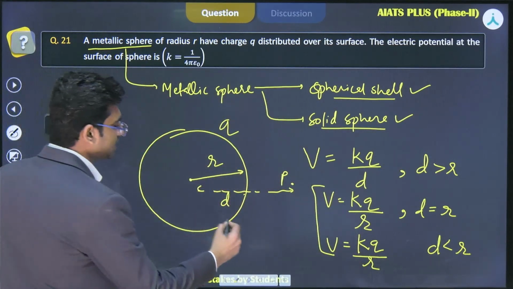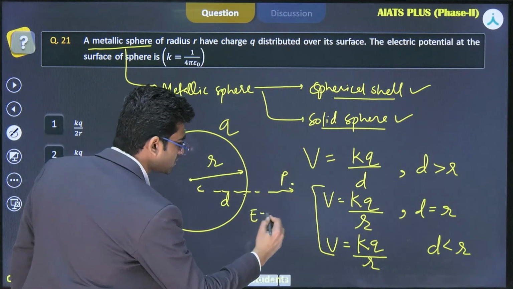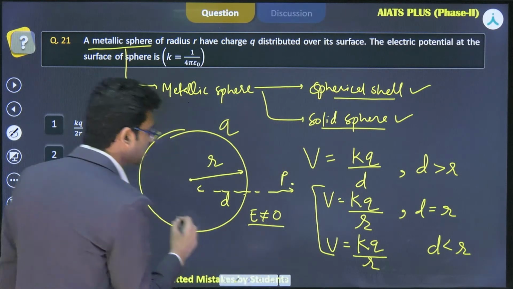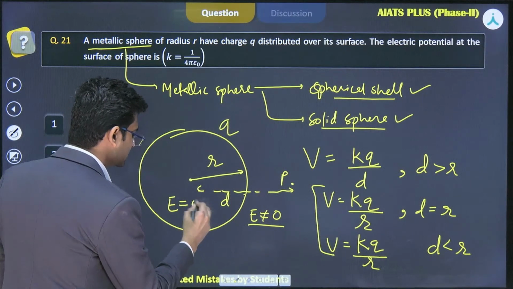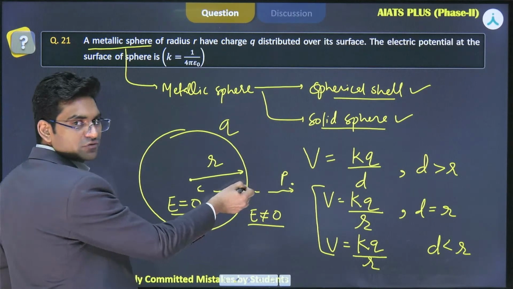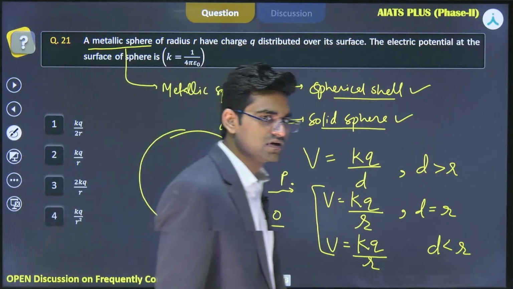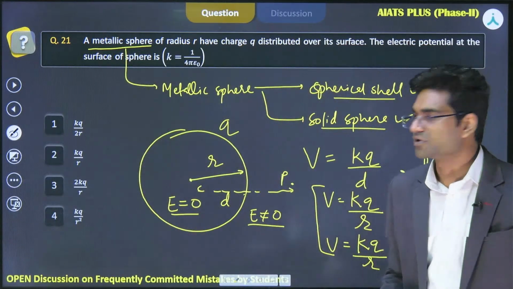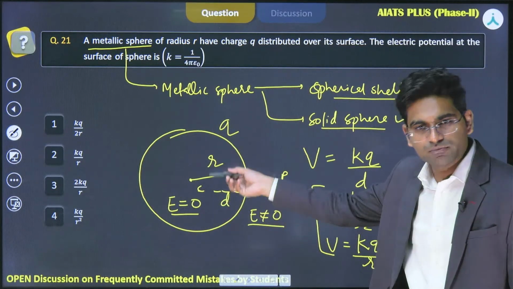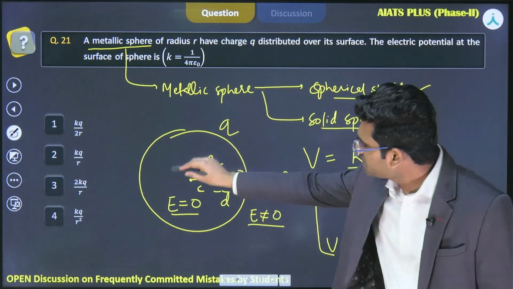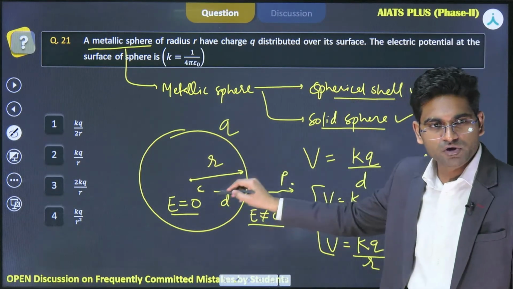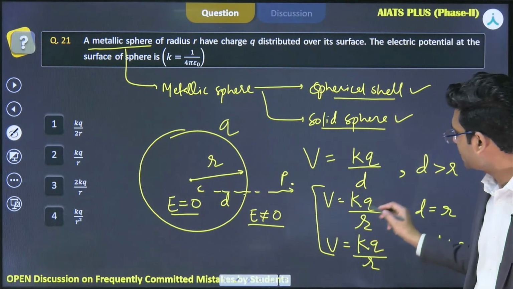Since the electric field is non-zero outside but zero inside, the potential from the surface and inside the metallic sphere does not change, because there is no electric field to change the potential, right? That's why the potential inside this sphere will be constant, and that would be equal to kq by r.